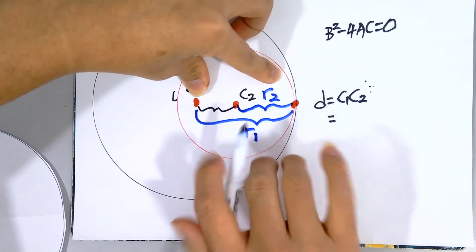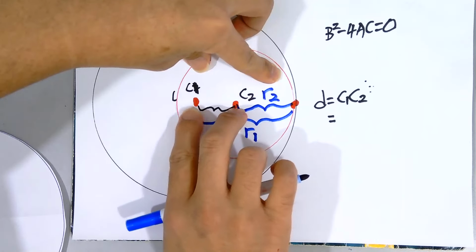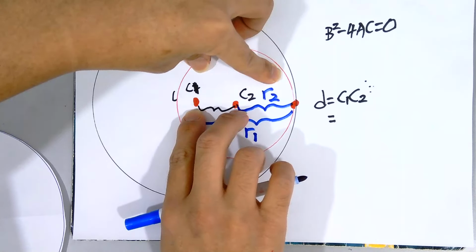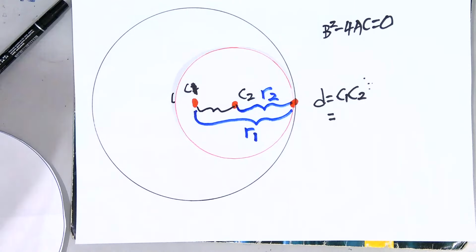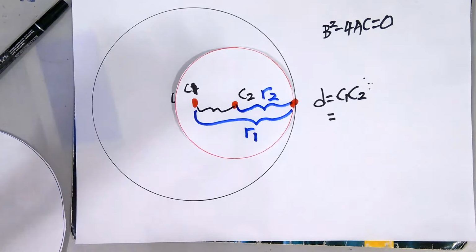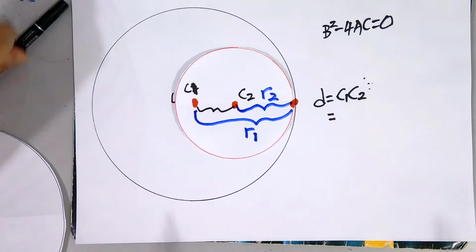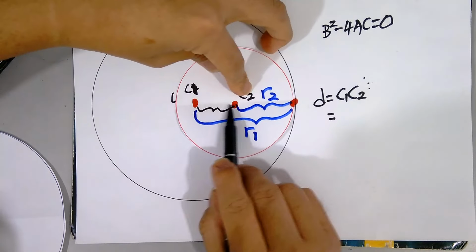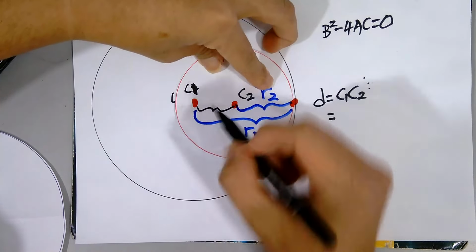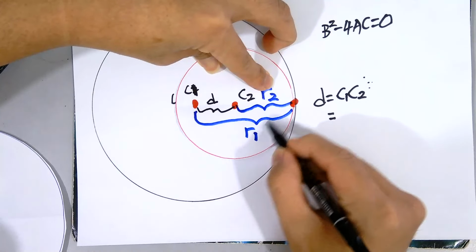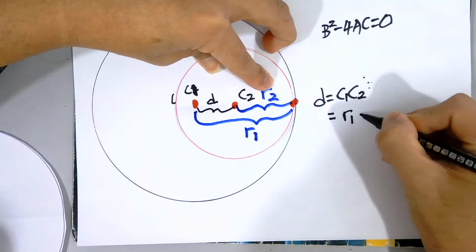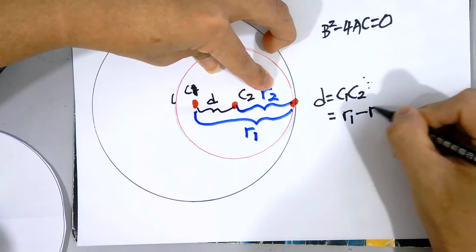So can you see how to relate the distance between the two circles to R1 and R2? You can pause the video and look carefully. The difference, the distance between C1 and C2, can be described as the bigger radius minus the smaller radius.